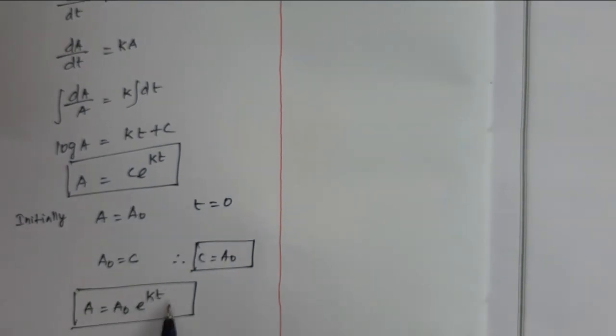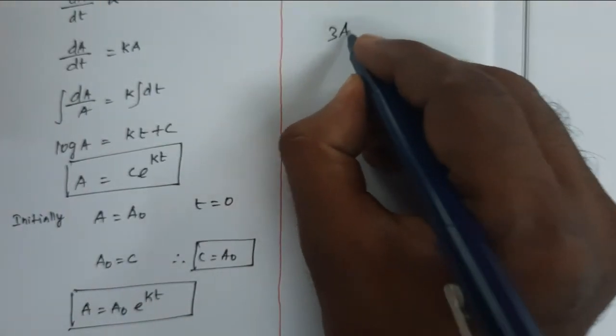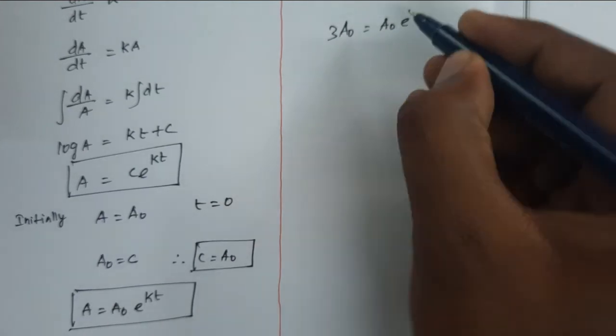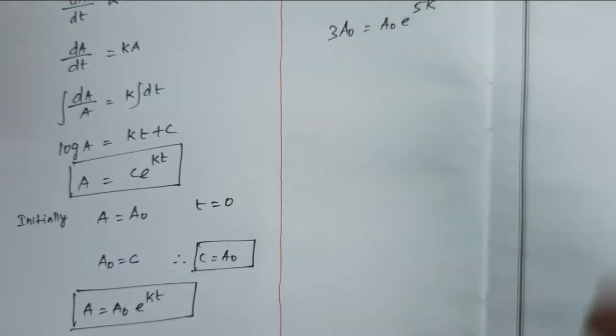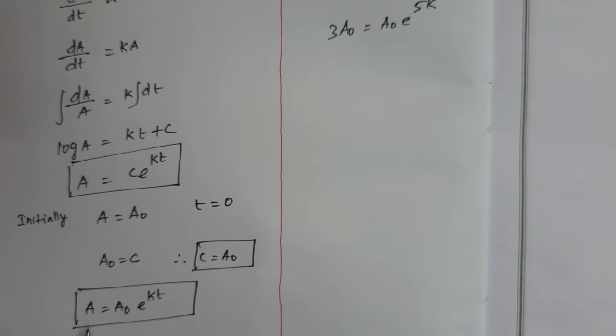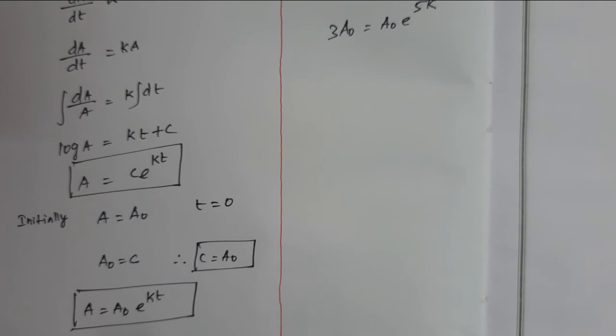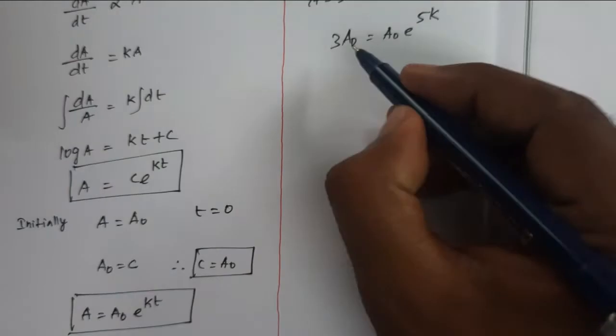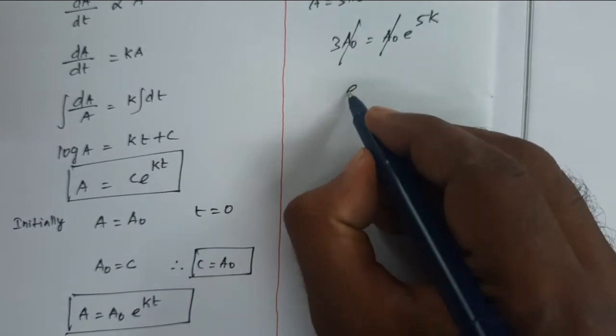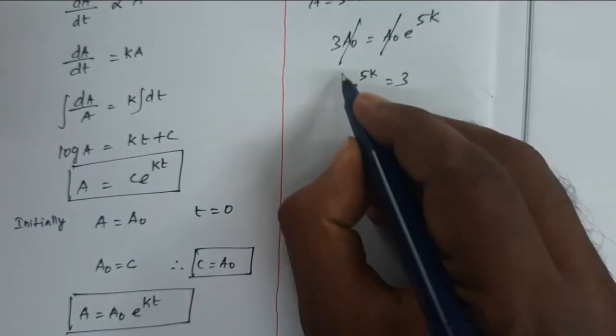Substituting in this equation, we get 3A naught is equal to A naught e power 5k. By cancelling A naught, we get e power 5k is equal to 3.